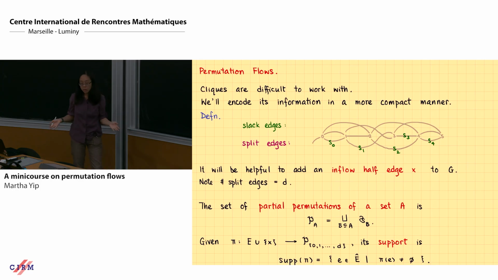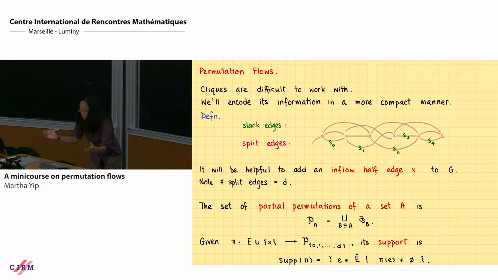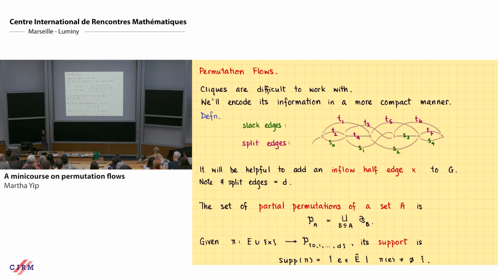Everything else we call a split edge. And I'm just going to choose some kind of ordering. It can really be any ordering that you like, and split edges, I will just call them T sub something. Right, so slacks are the lowest ones, splits are the upper ones.